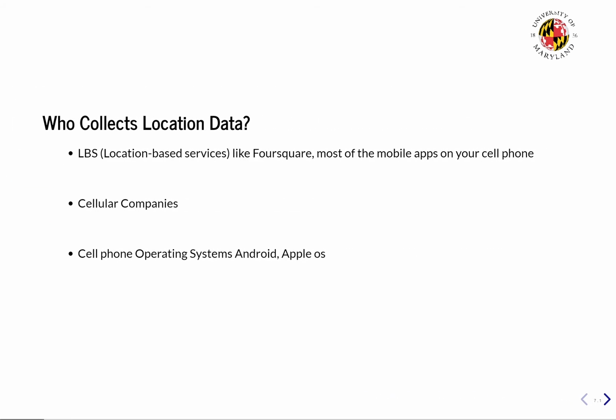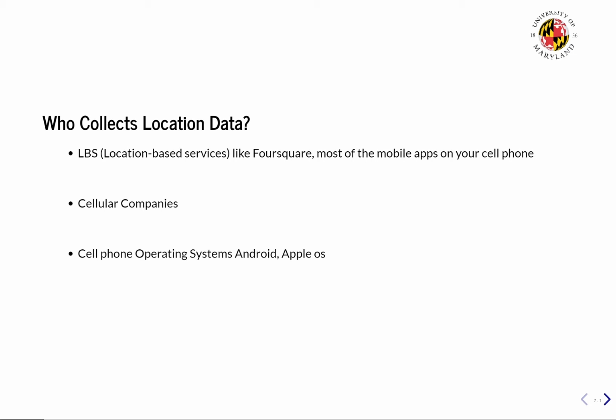Now let's see who collects location data. Now that we know how the location data is collected, it is also important to talk about some organizations who collect location data and for what possible reasons. First, the location-based services, for example, Foursquare or Google Maps, collect this kind of data.